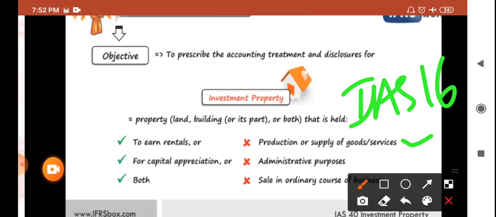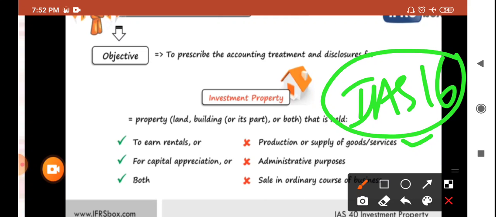Next, administrative purpose. You have a building that is an office, and you are using it for your own business, so you cannot show it as an investment property. For that also you have IAS 16, a separate accounting standard.